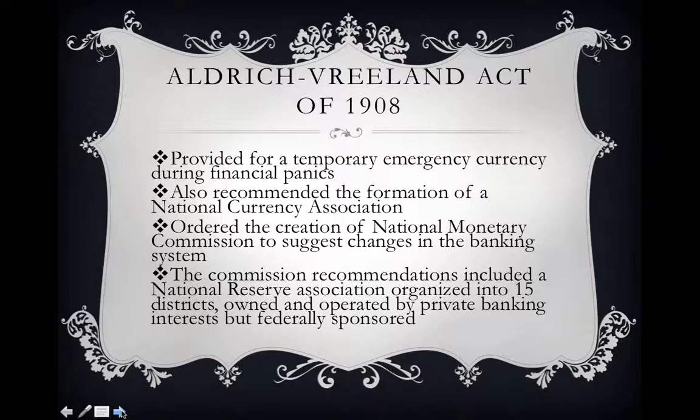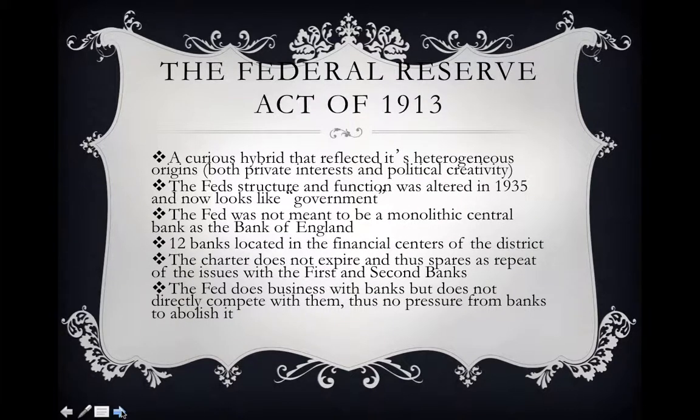All right? And the commission itself recommended a National Reserve Association, the precursor of the Federal Reserve, organized into 15 districts, and that they would be owned by the private banking interests, but they were to be federally sponsored. So this leads us to the Federal Reserve Act of 1913.